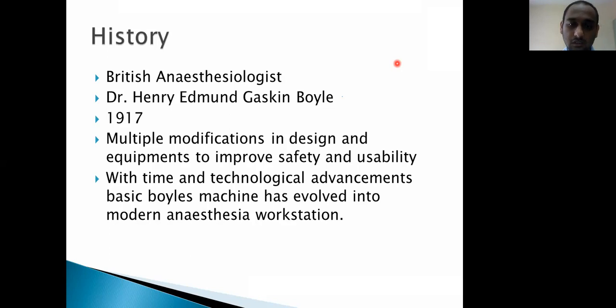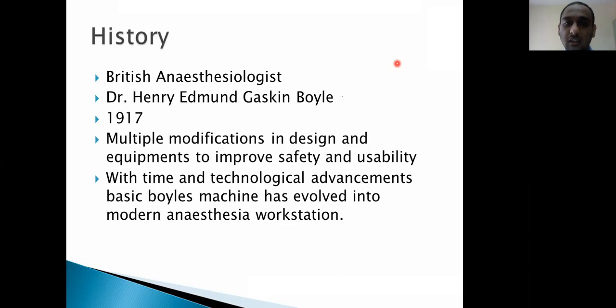Over the years from 1917 to present day, it is around a century now, multiple modifications have taken place in the design and equipment, which have been focused to improve the safety as well as the usability of the anesthesia machine. Safety has always been a priority since the inception of the anesthesia machine.